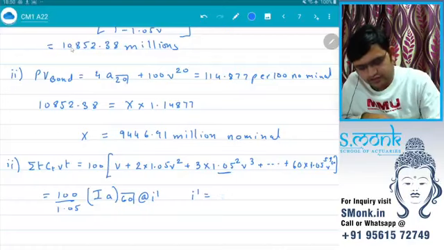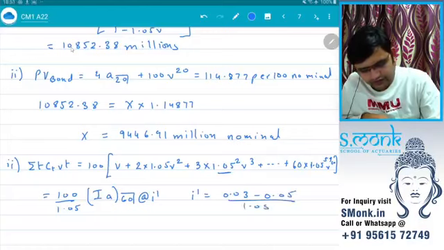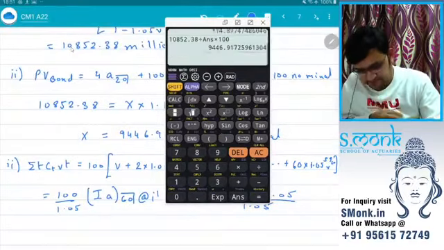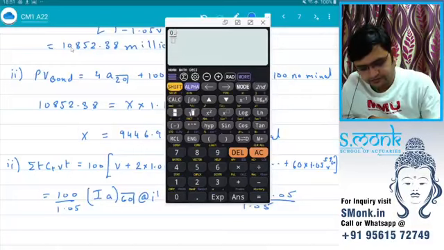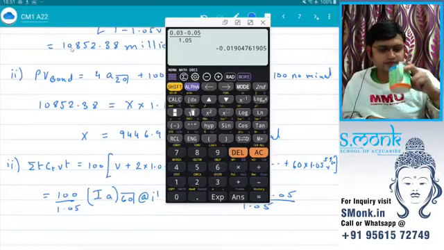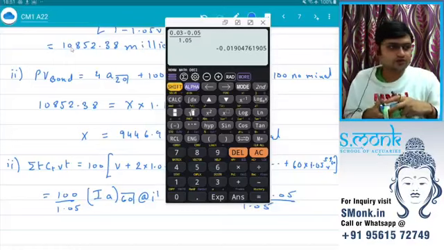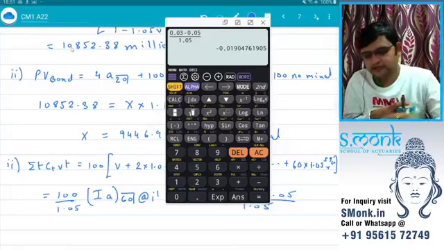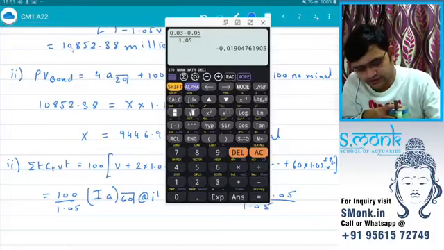So i dash is (0.03 minus 0.05) by 1.05. Okay, so we have a negative rate of interest. No problem, we'll just store it as it is and use it. Shift store.